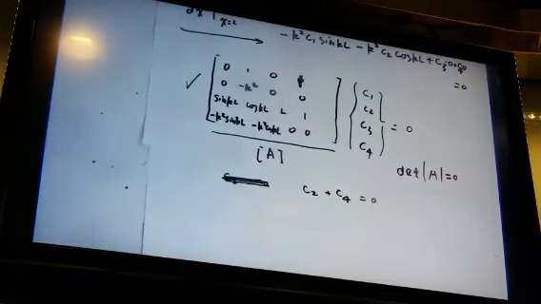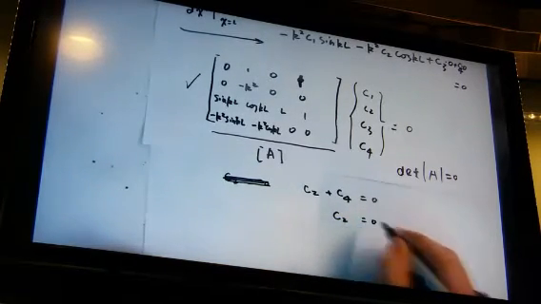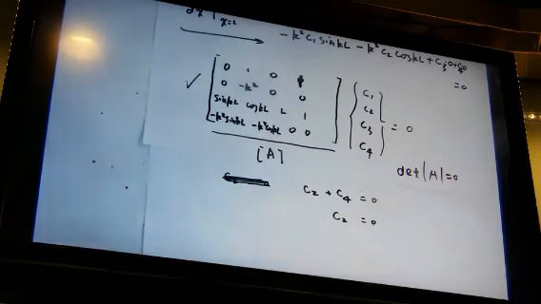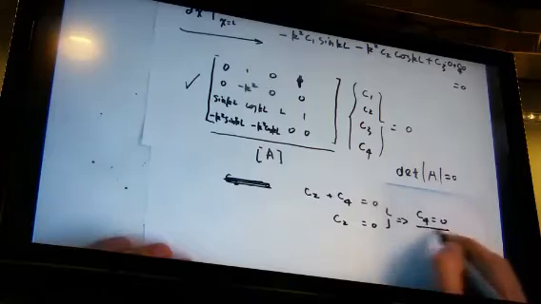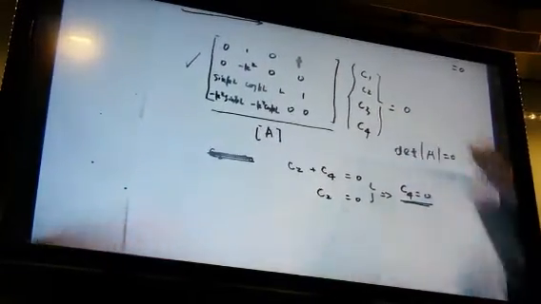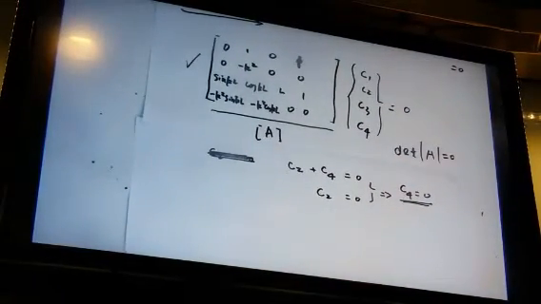And if you use the second row times the column, you will get K squared times C2 equal to 0. K is not 0, so C2 is 0. From these 2 equations, you can get C4 is 0. So immediately, C2 and C4 are actually 0.